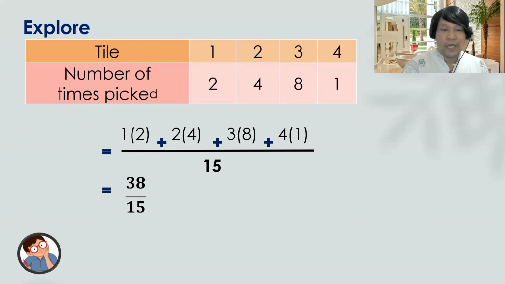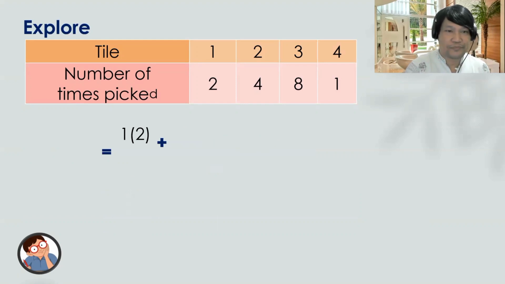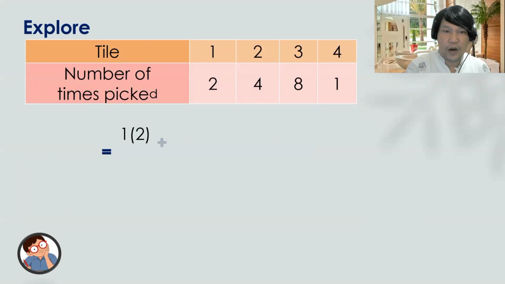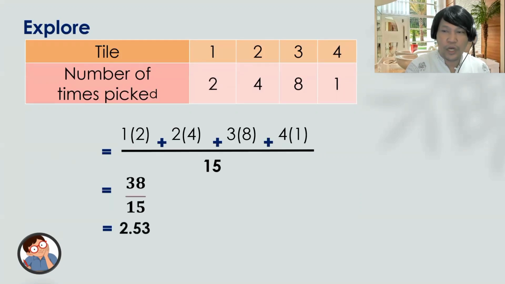Then we divide the sum of the products by 15. Therefore, our average is equal to 2.53.